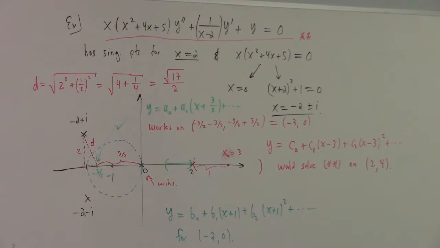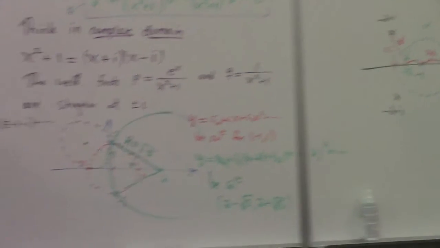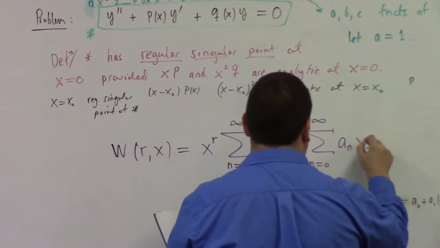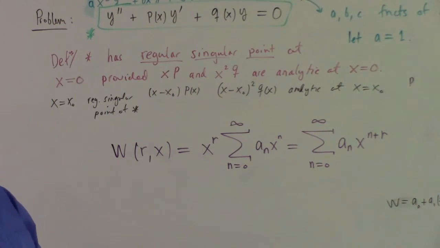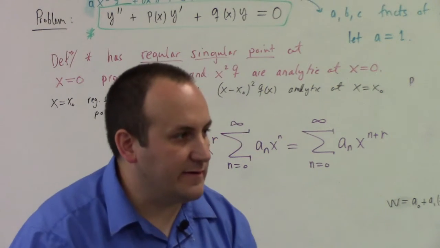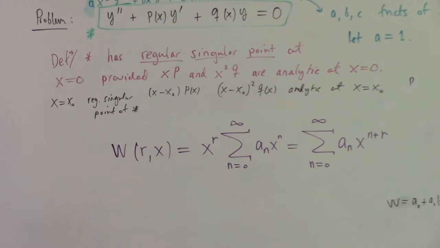Basically, you assume that the solution looks like W of x, which is equal to x to the r times the sum n equals 0 to infinity of a sub n x to the n, which you could rewrite as the sum n equals 0 to infinity of a sub n x to the n plus r. That's the start of it. We assume that the solution at a regular singular point can be written as this so-called Frobenius solution.